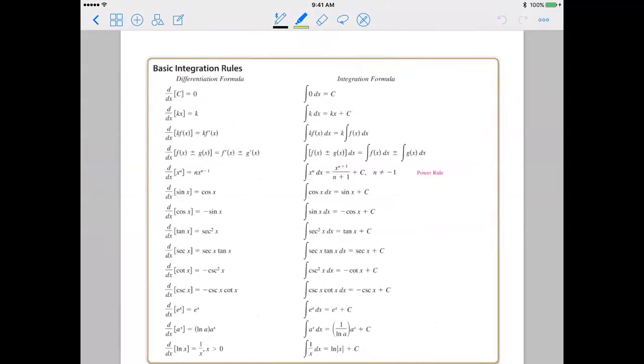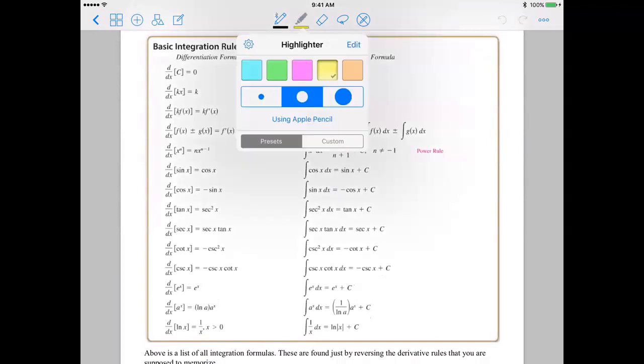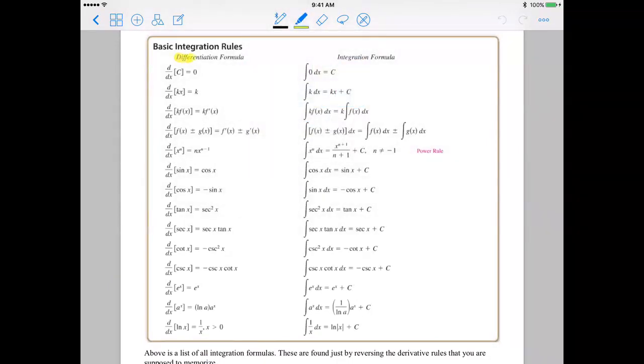Okay, so here are the basic derivative and integration rules that you should have memorized. The differentiation formulas are all here on the left, and the integration formulas are here on the right. So the idea is an integral is just going backwards from the derivative. For example, you might look at this one.